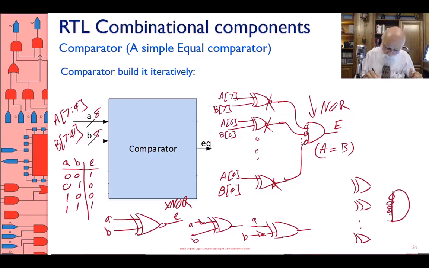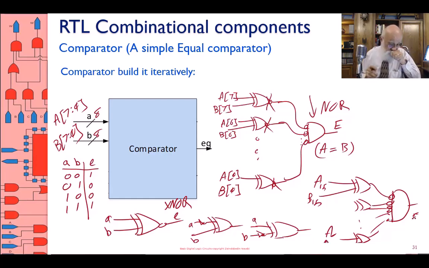If this is a 16-bit number you're dealing with, you have A15, B15, down to A0 and B0, and this gives you the equal. This is fine. It serves the purpose.